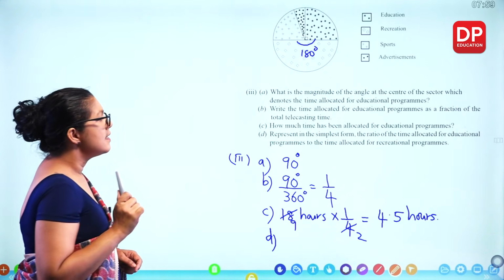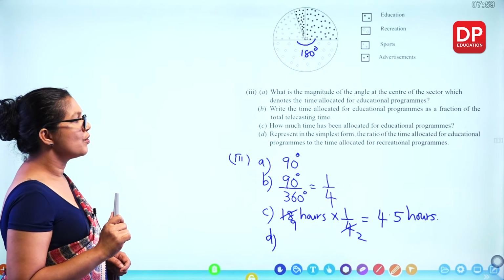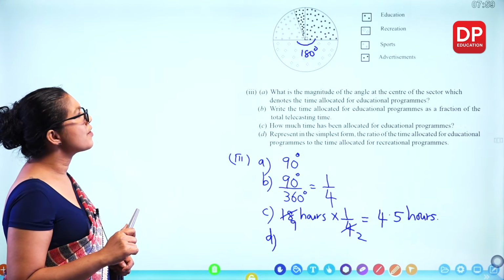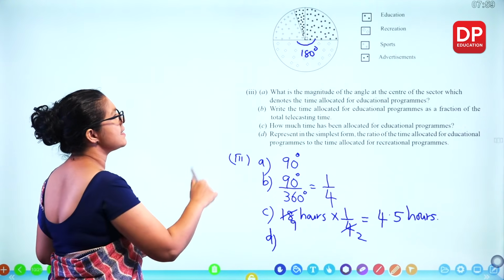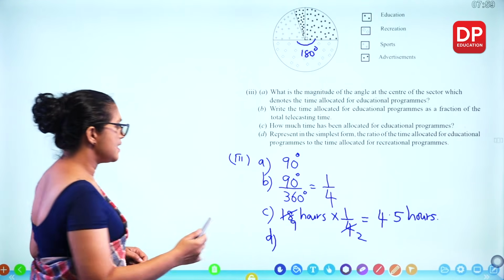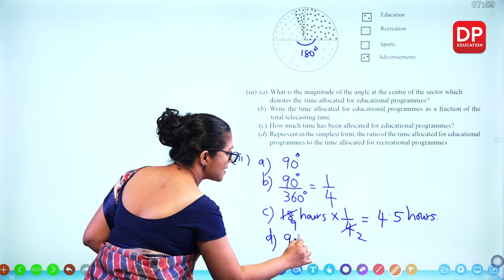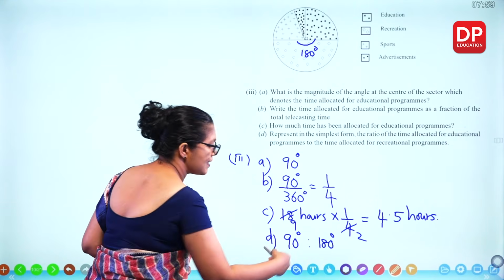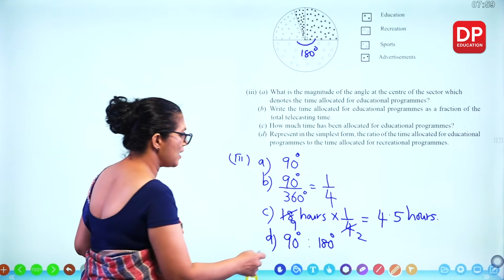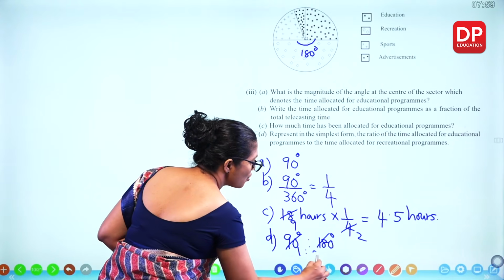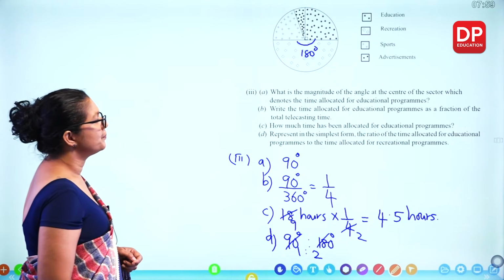So for the simplest form, the ratio between educational program, that's 90 degrees. And what about the other one? 180 degrees. So what's the simplest form? We can see 2 times bigger. So when you simplify this, you get a 1:2 ratio.